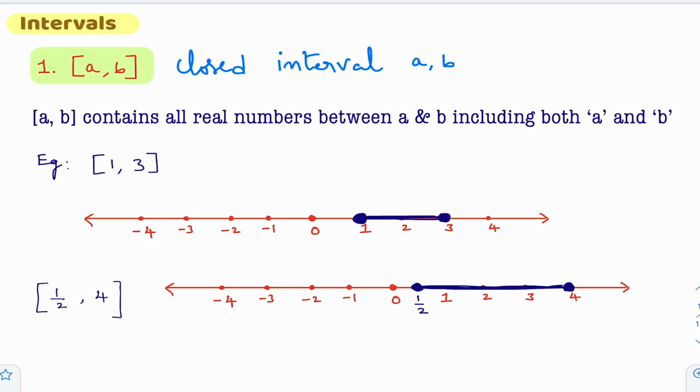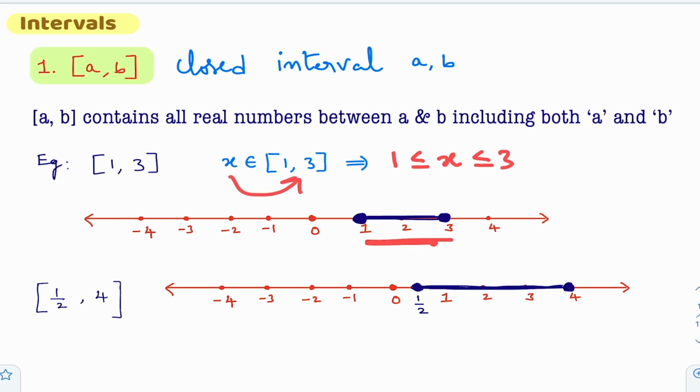You observe here, if you see this type of notation, x belongs to closed interval 1 comma 3, then this can be written like this. So then this can be written as 1 less than or equal to x less than or equal to 3. When x belongs to this interval, it means that x values lie in this interval including both 1 and 3.